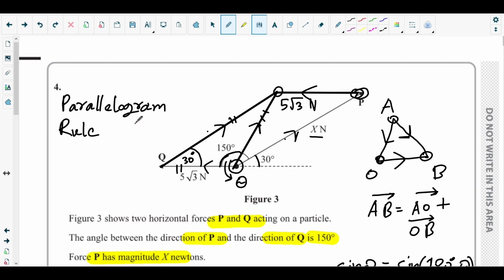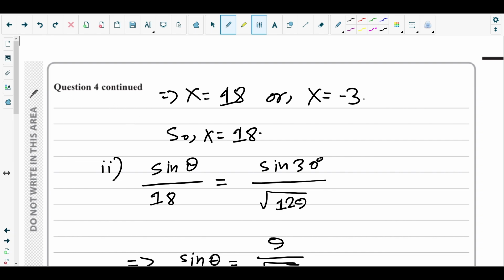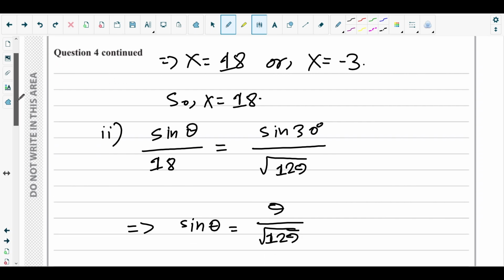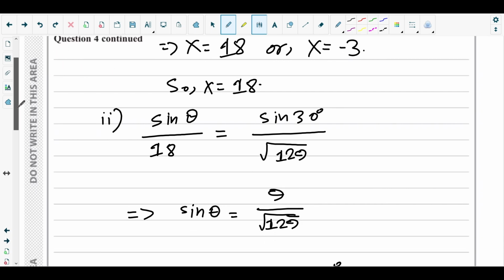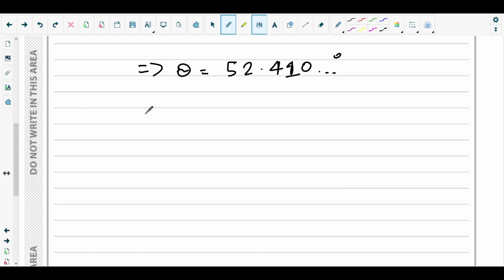Most students basically forget to consider this fact. So theta equals, it should be equal, not equivalent, 180 minus 52.410, that many degrees.